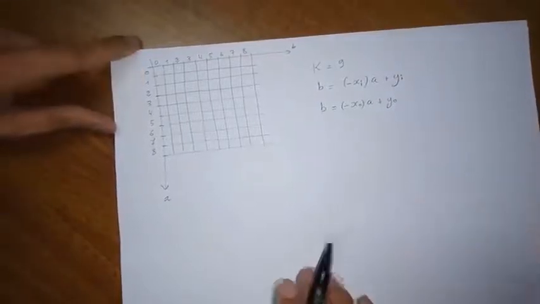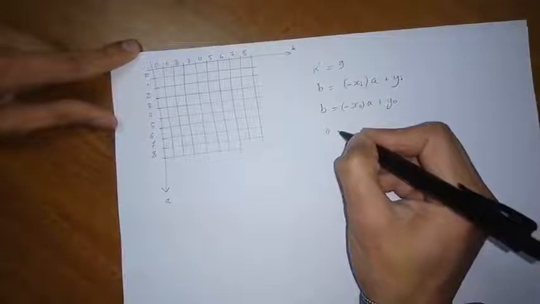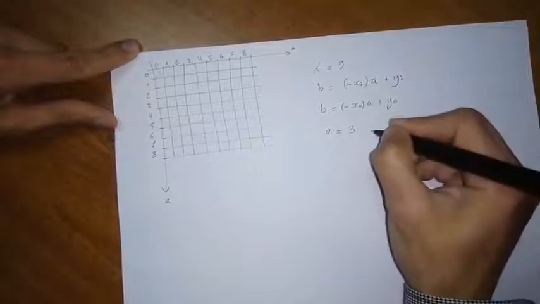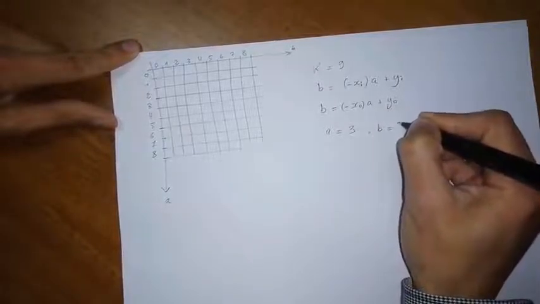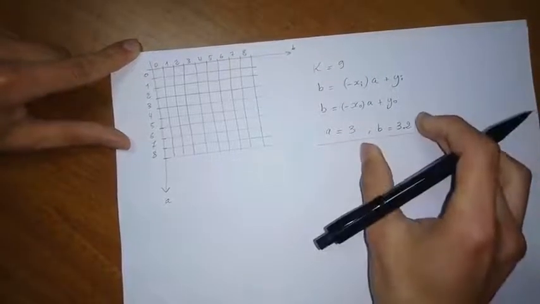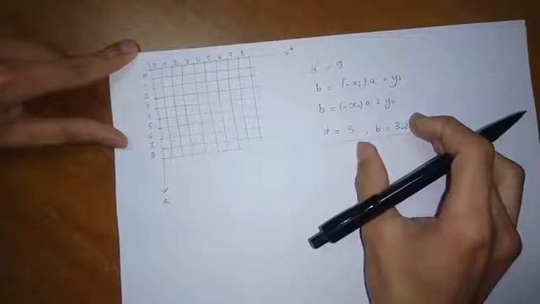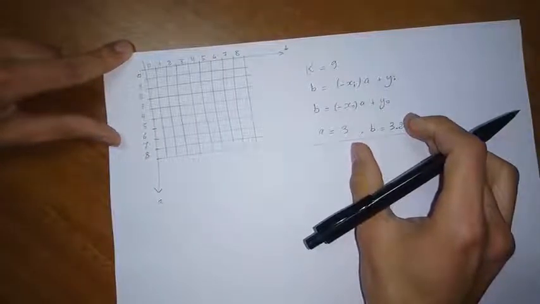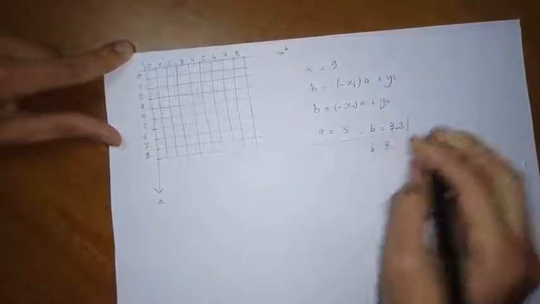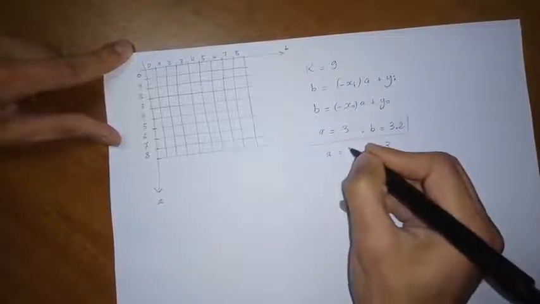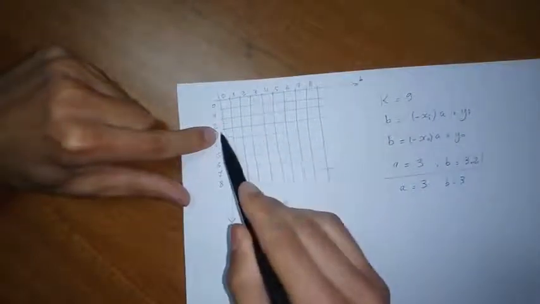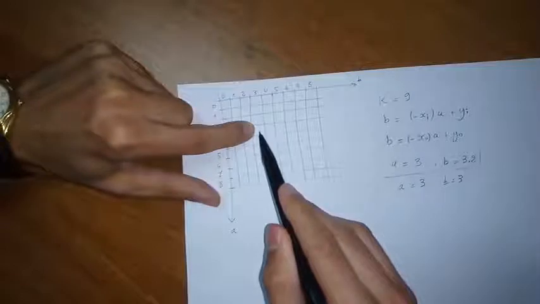For example, let's say that for A equal to 3, the evaluated value is B equal to 3.2. First I should round this value to the nearest possible value. By rounding, I get B equal to 3, associated with A equal to 3. Then I go and look for the coordinates 3, 3. This is the corresponding cell.